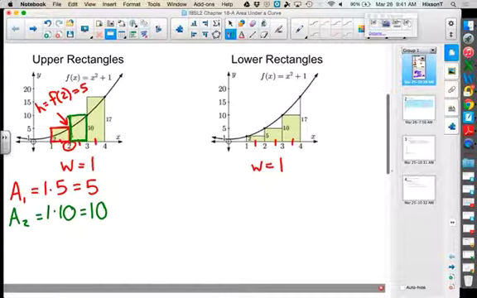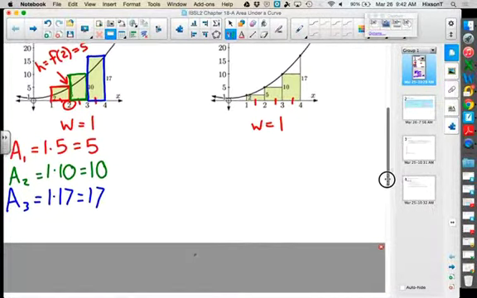Then I would find the area of my last one. Now I'm taking f of 4. 4 squared is 16, plus 1 is 17. So width times 17 is 17.